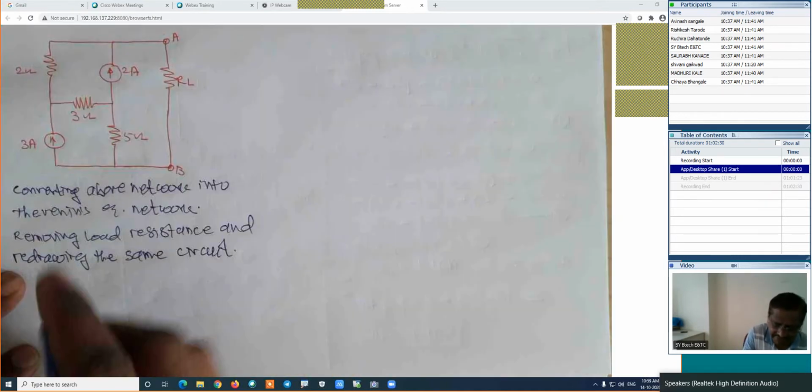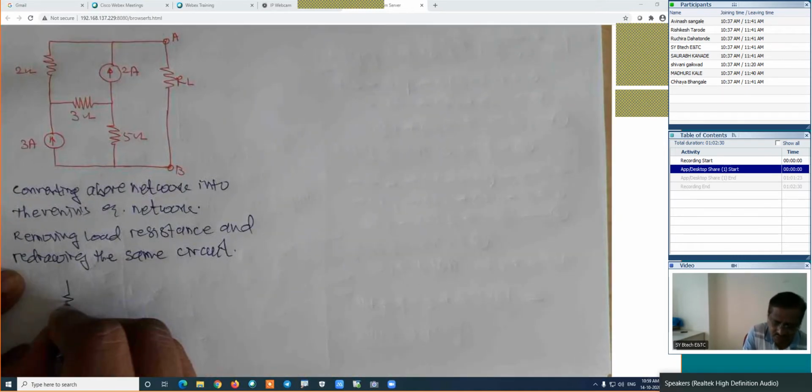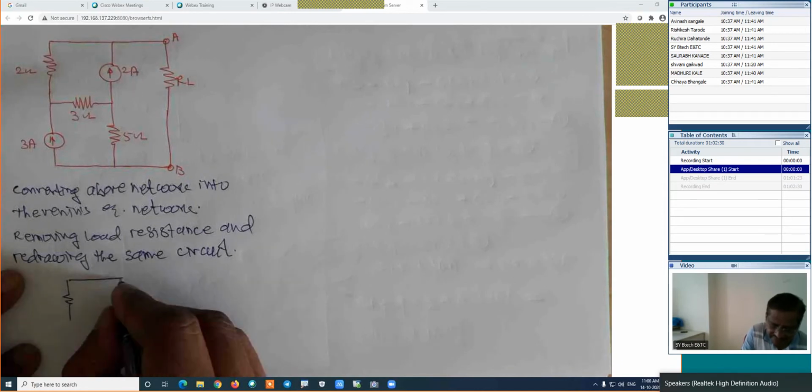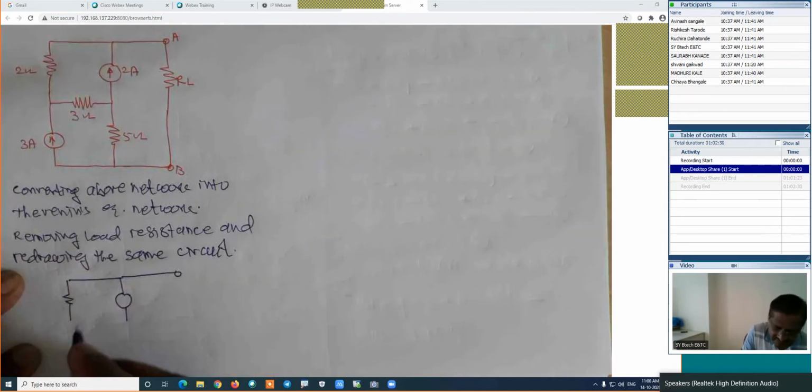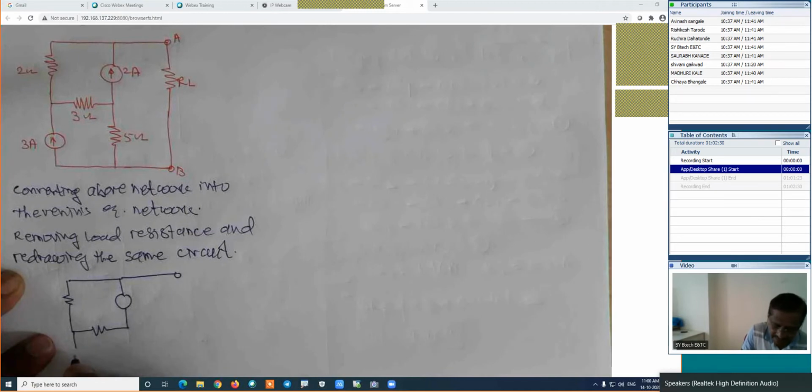I will redraw everything. This is 2 ohm. Here it is 2 amperes. Here is one resistance. This is another source. And here it is the 5 ohm.